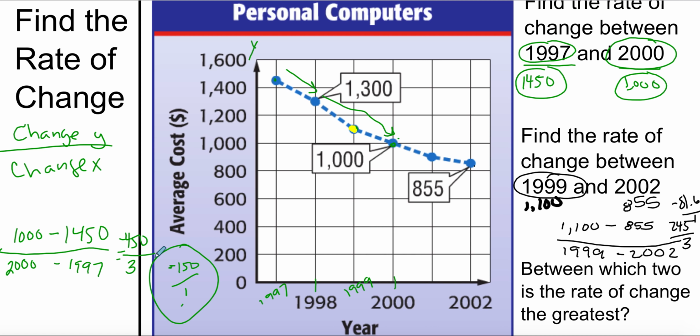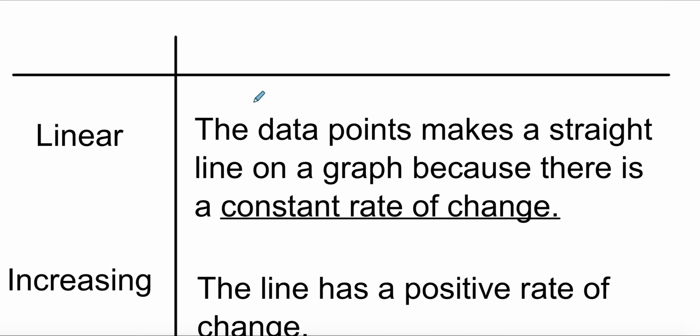And this one's negative 150 over 1. So it depends on how you want to define bigger, because it's actually getting smaller. This is a bigger number, but this is a bigger rate of change because it makes it steeper. So that change was a bigger change. It was a faster rate of change.